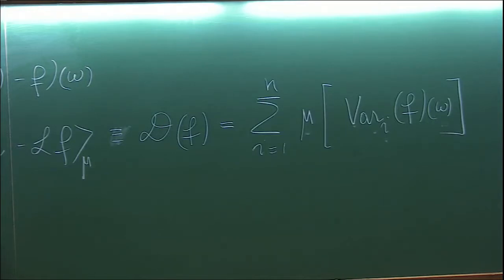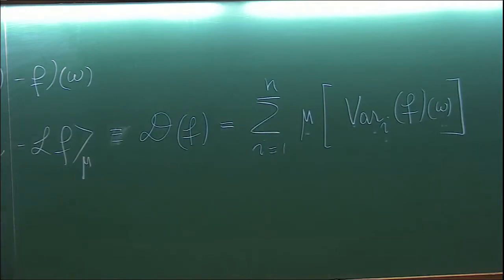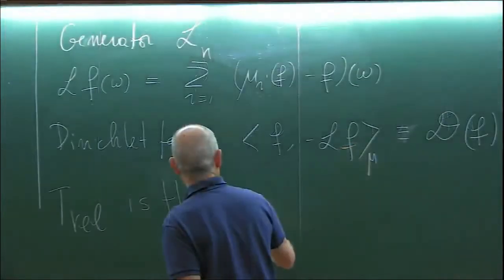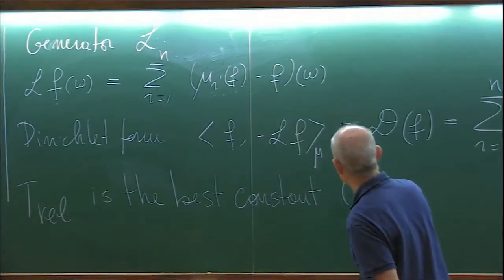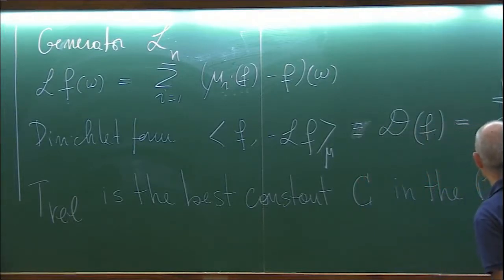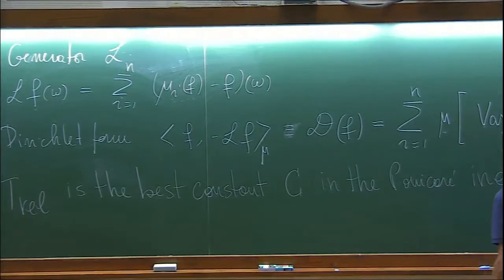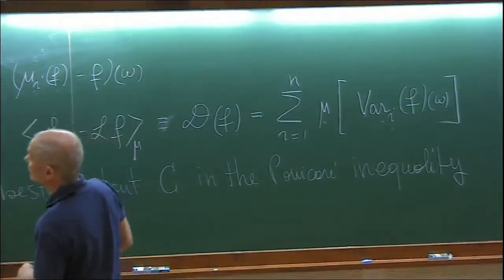If you remember the variational characterization of the eigenvalues of a symmetric matrix, then you get that the relaxation time is the best constant C in the Poincaré inequality.